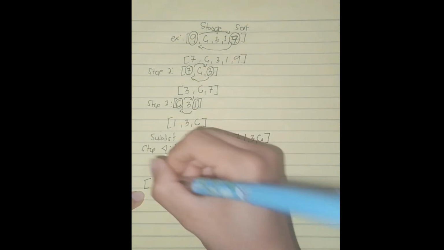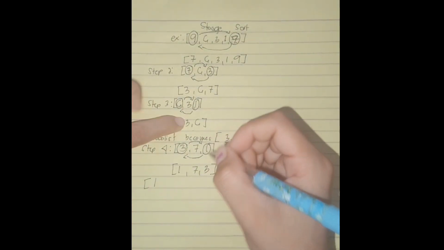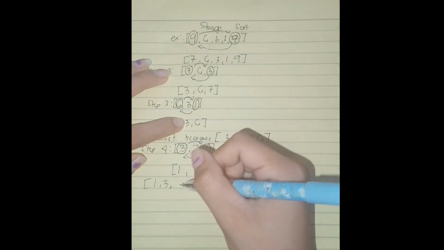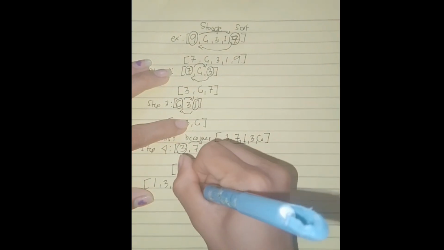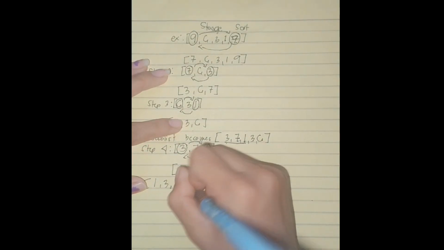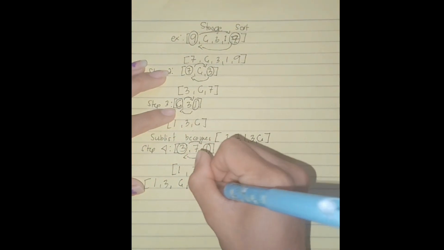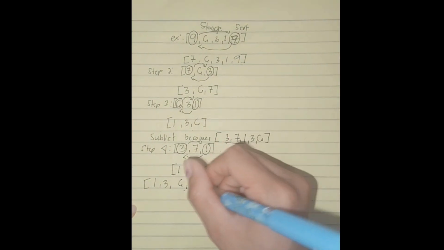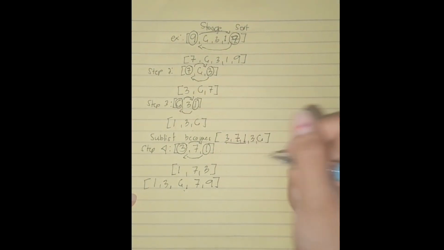The final sorted list becomes 1, 3, 6, 7, and 9. Ito na ang ating final sorted list sa stub sort. At yan ang example ng ating stub sort.